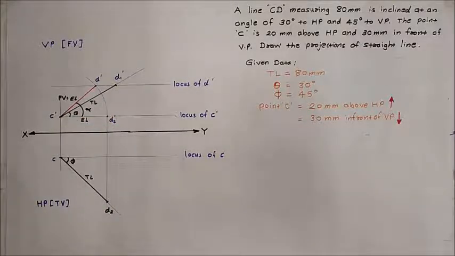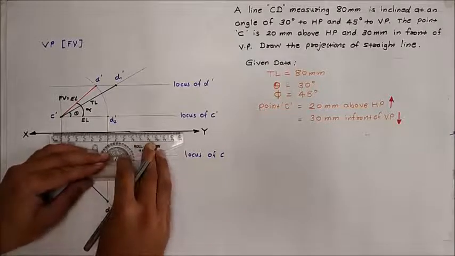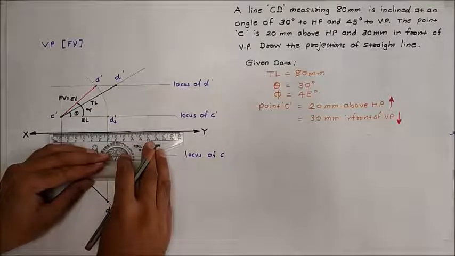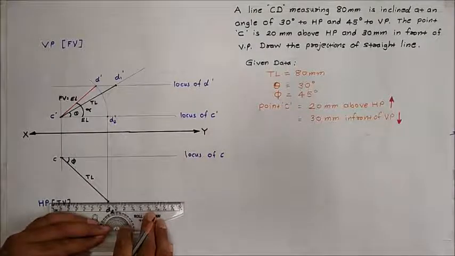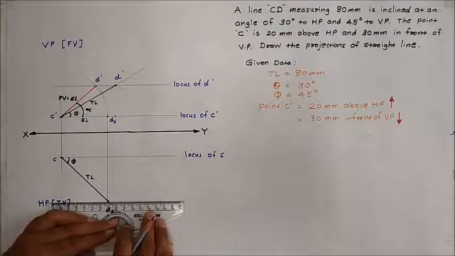Now we will draw the top view of the line. For drawing the top view, at first we will locate the locus of point D by using the same procedure that we used for plotting the locus of D dash. That means, draw a line parallel to this XY line, and this line should pass through this D2 point.